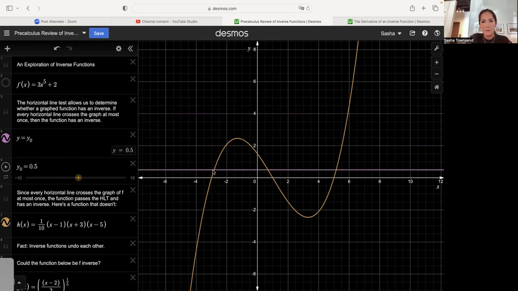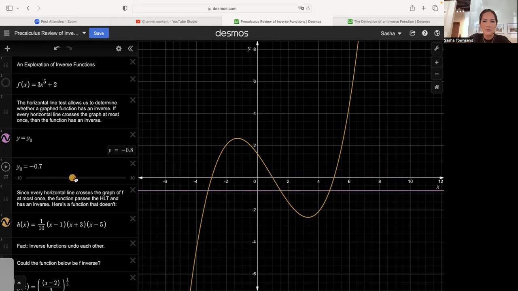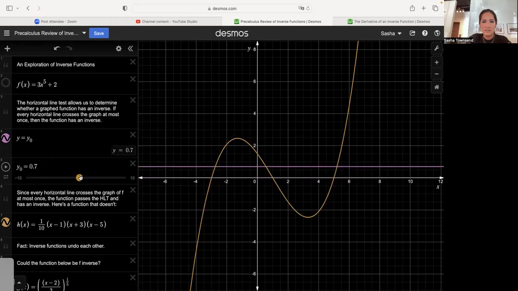When y is equal to 0.5, we get 3 different x values: the x value that corresponds to this point, that point, and that point. And that's true for all of the y values in this interval.